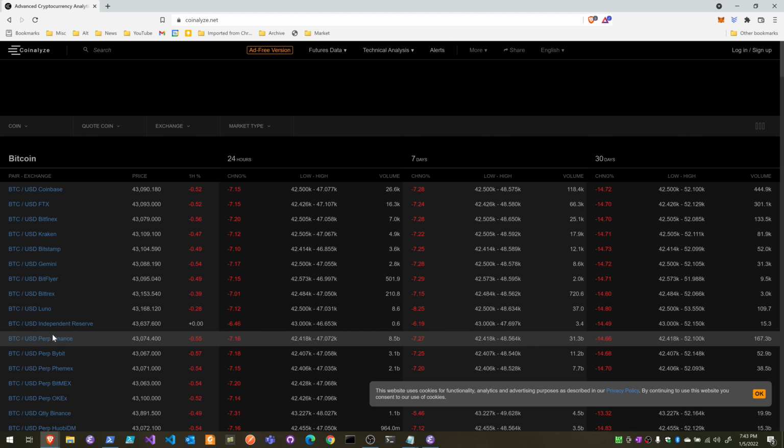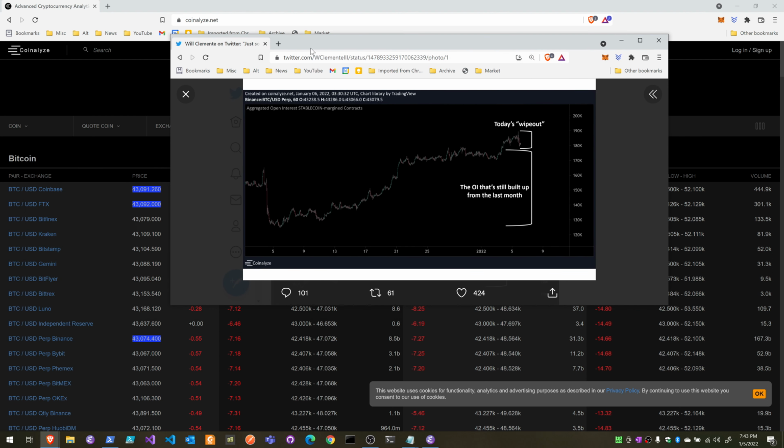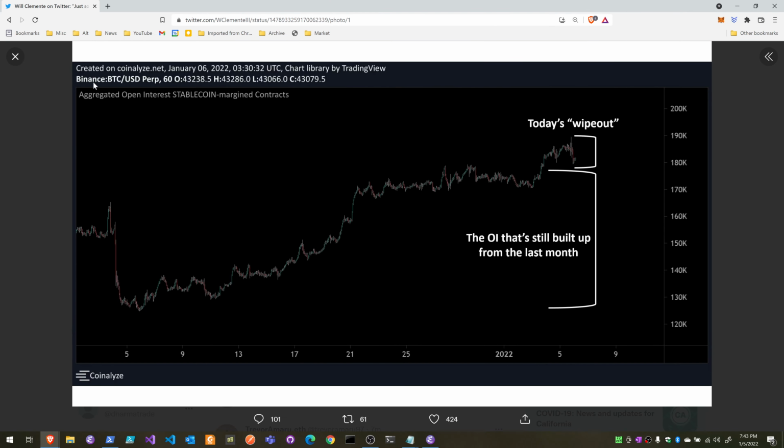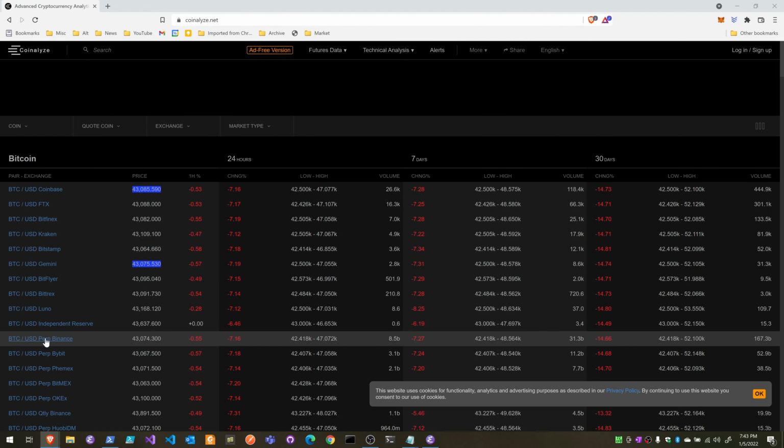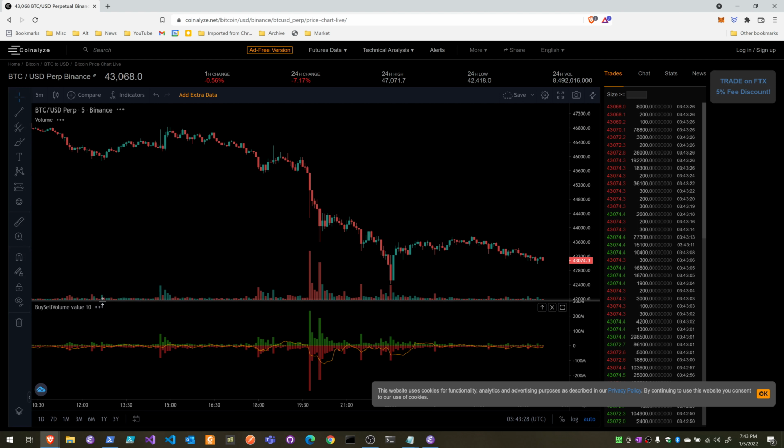Right here. Now, in particular, it's not just Bitcoin, it's the data from Binance for Bitcoin USD perps. Let's see if we can find that on here. There's BTC, USD, perp, Binance. That looks pretty promising. So you click there and you get a graph.